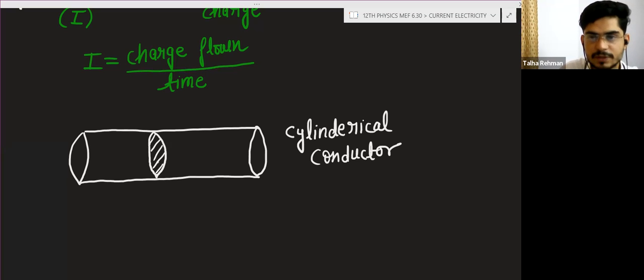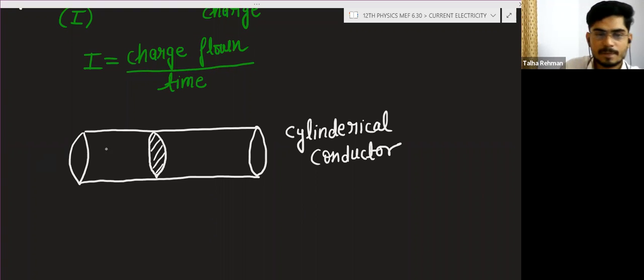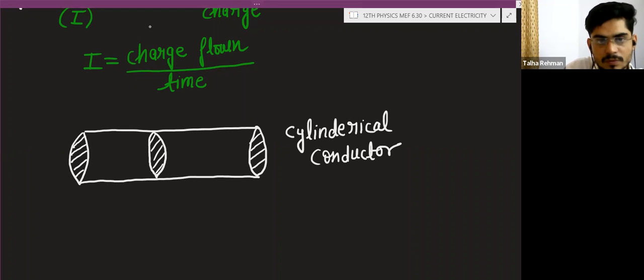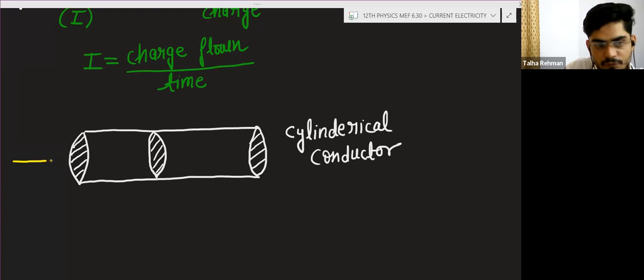This is the cross section area, and the charge is flowing through it.